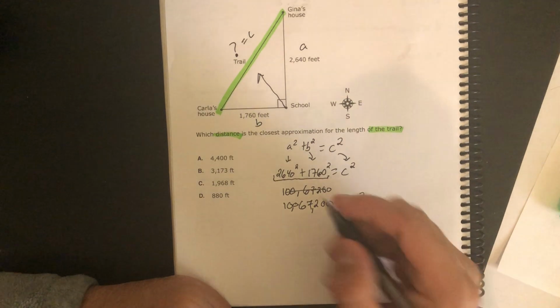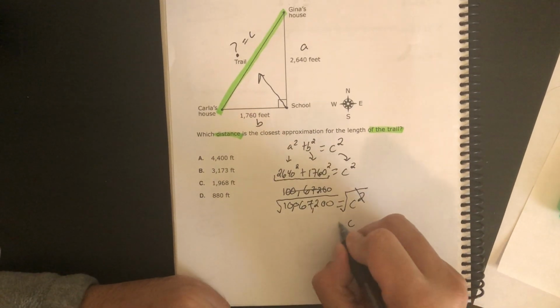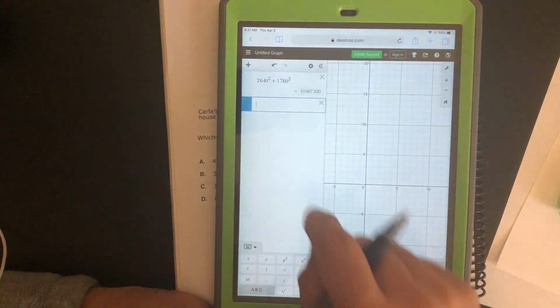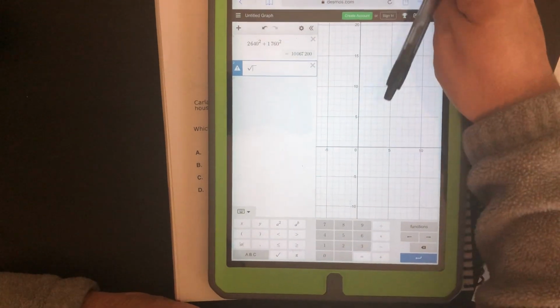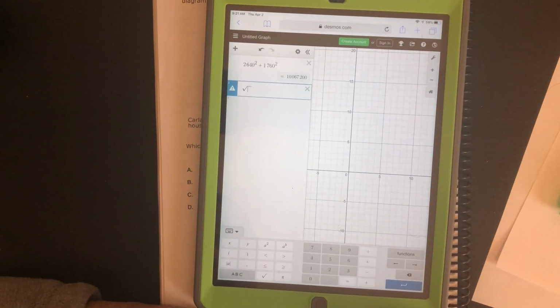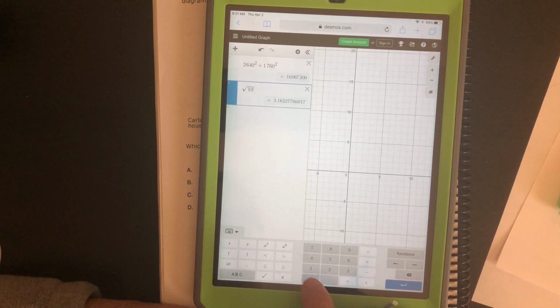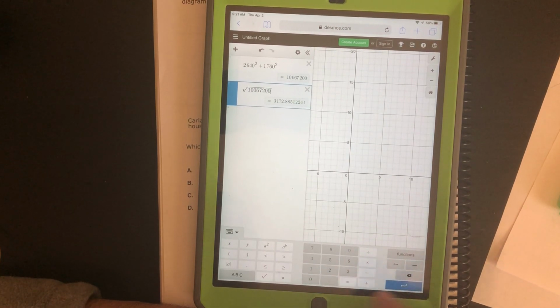Now the opposite of a square is square root. So the square root of that number, let's see what we get. Square root, don't forget the square root symbol is down here. So it'd be the square root of 10,067,200.